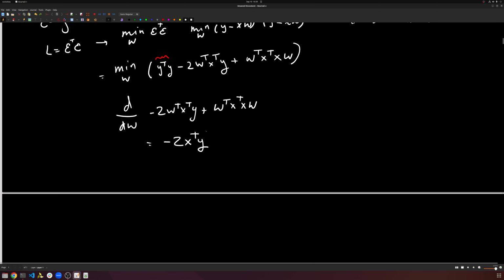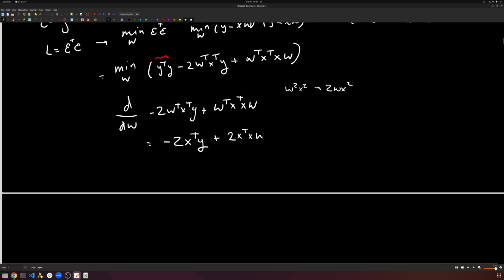And for the second term, this is really just doing w squared and x squared, whatever it may be. So taking the derivative of that, it's just 2w x squared. But we just have to write it in the matrix form. I have a derivative table that I always look at that's helpful for this stuff. So this will be plus 2 x transpose x w.